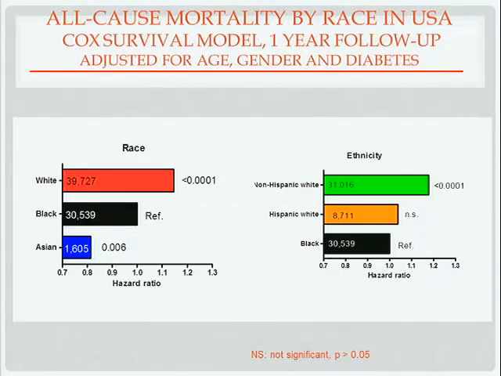And I should say that the Asians represented here that have this much better survival are Southeastern Asians, not the South Asians, Indians, Pakistanis, Bangladeshis, but the Chinese, the Japanese, the Koreans, and so on.